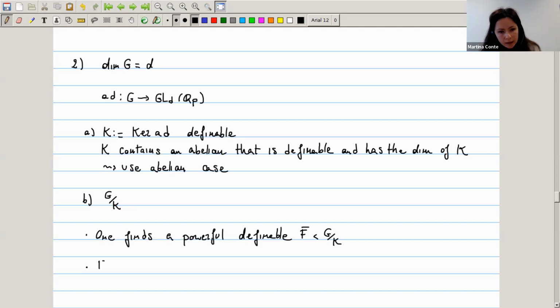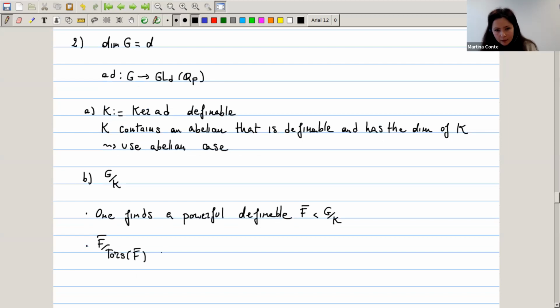We can consider the quotient of F bar by its torsion subgroup. So this is actually a uniform group, and has the same dimension as G over K.